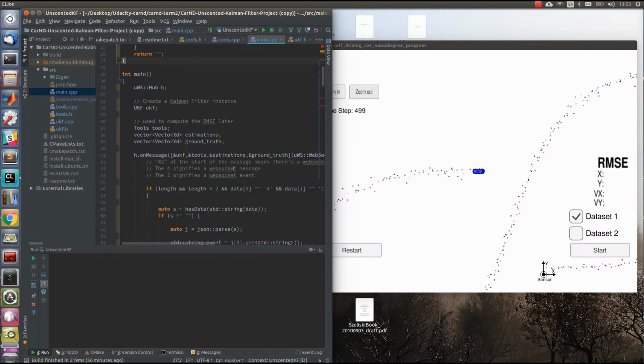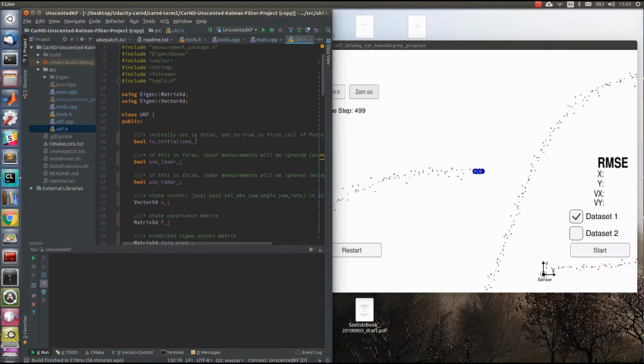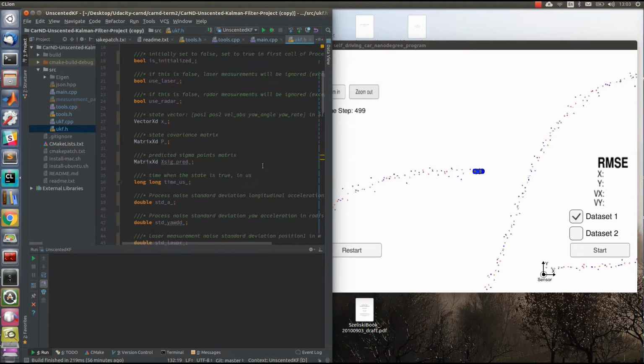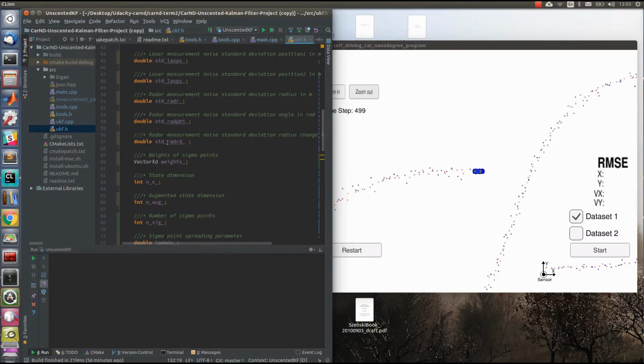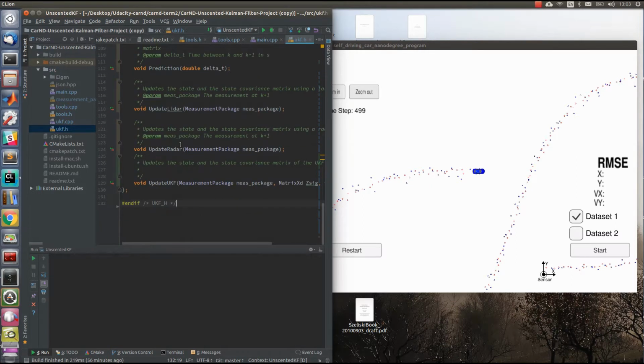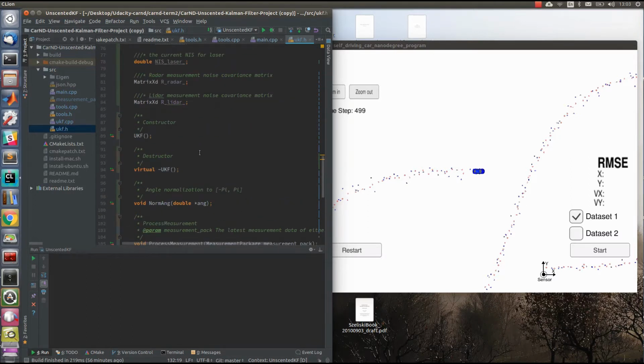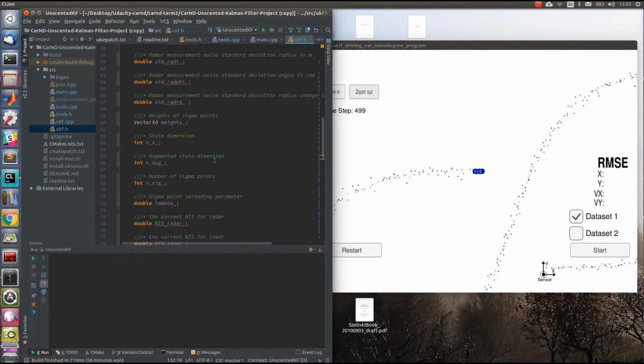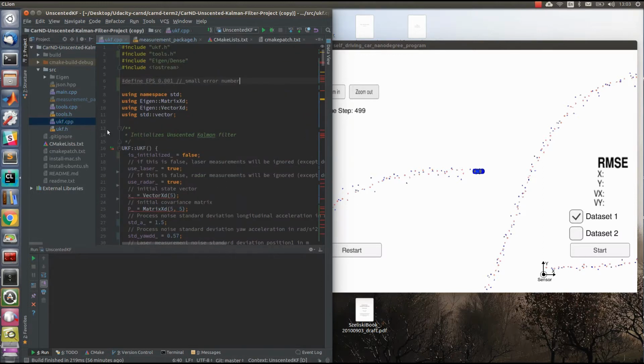What's important for us is that we get measurements from lidar and radar, and we will use them in order to get a good estimate of the car trajectory or pedestrian trajectory. This is the UKF class, and here I can find some arguments and some functions or methods to be written. A link to my GitHub repository will be provided in the description, where you can find this code and read it.